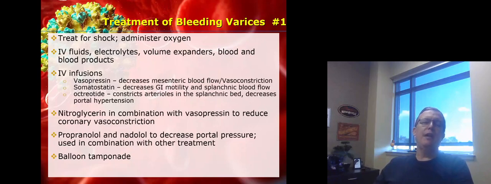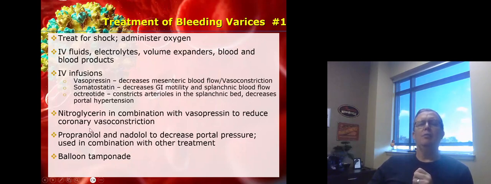And sometimes you'll see patients on all three. These drugs do have a decreasing effect on portal hypertension, so you'll commonly see octreotide and vasopressin, octreotide and somatostatin, or sometimes all three. Nitroglycerin can be used in combination with vasopressin.